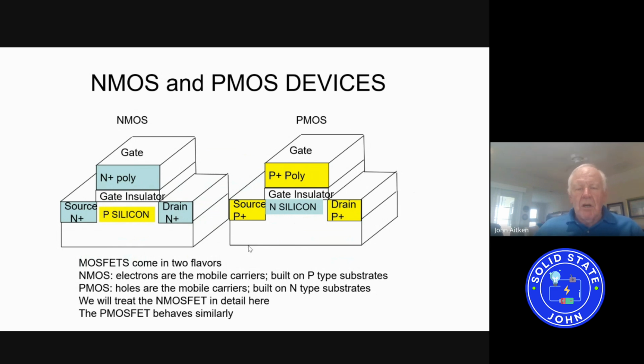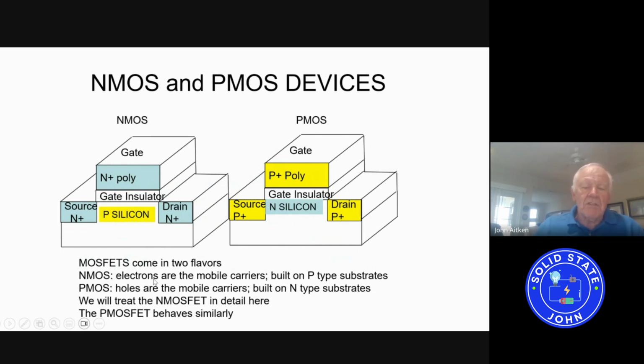This is a picture of the two important types of MOSFETs, at least for silicon. MOSFETs come in two flavors. They either come in as NMOS devices or PMOS devices. The operation of both are very similar, but they differ in the materials that they're made of and the mobile carriers that they support.